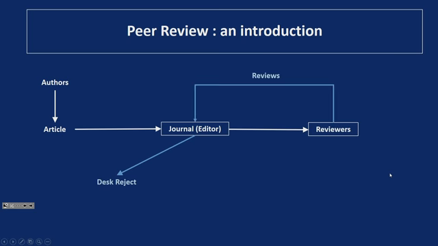So the reviewers will send their comments to the journal editors. The editors might reject the manuscript at that point, or might send the manuscript to be revised by the authors. And eventually this process can repeat sometimes and lead to the acceptance of the manuscript.